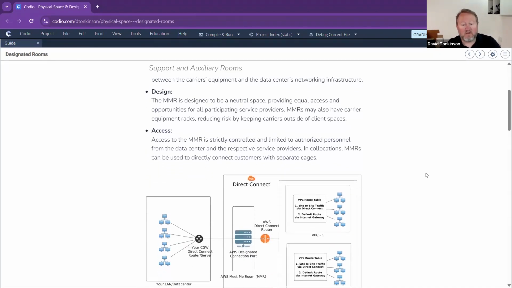It will also include the carrier room equipment for the individual ISPs. And we do like to have this separate because we like to reduce the risk by keeping the carrier stuff outside of what we consider to be a client space.